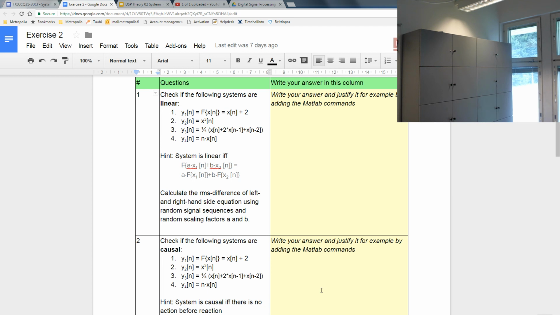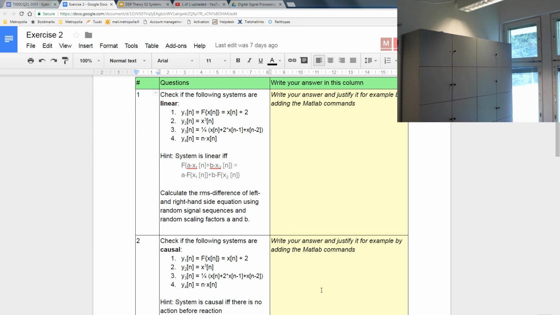And the question is, if you take that one and run the same signals through the system separately, scale the output and sum, which is then A times the system function of xn plus B times the system function of yn.